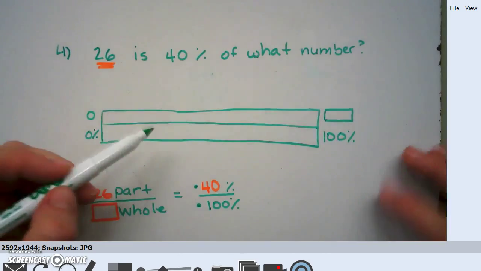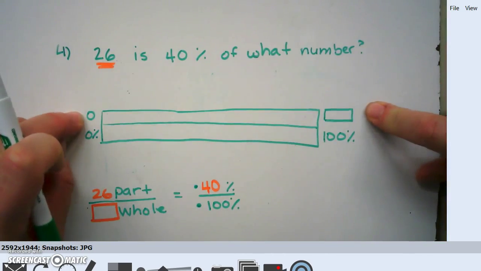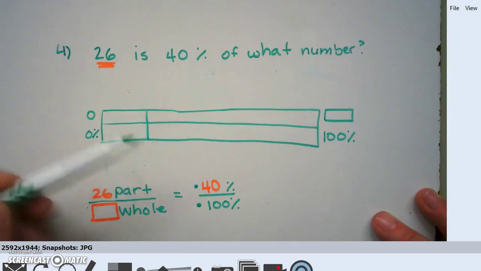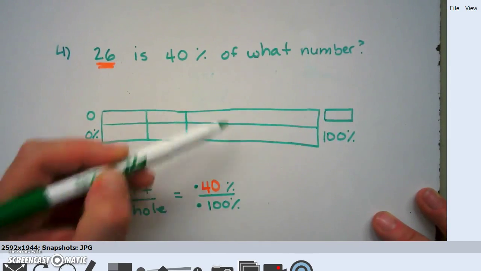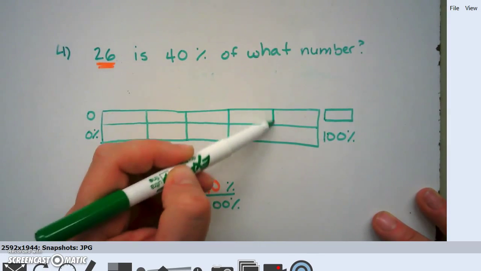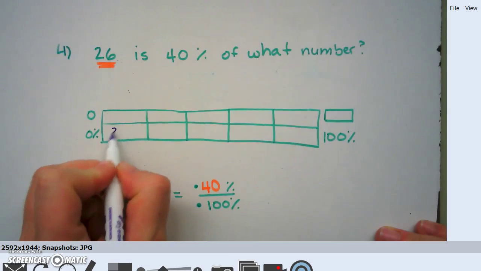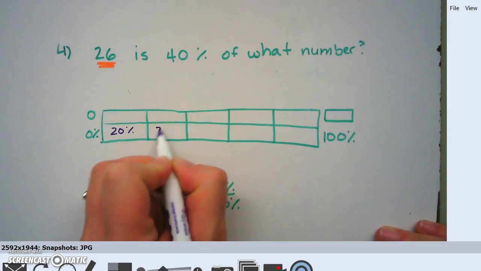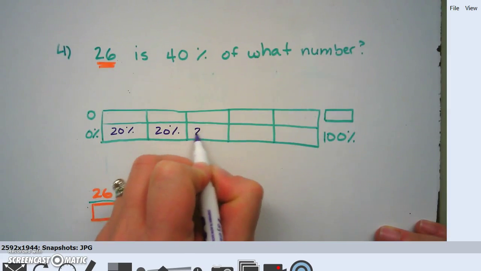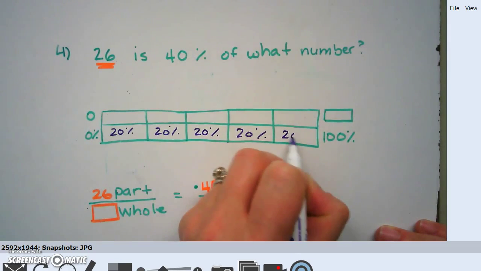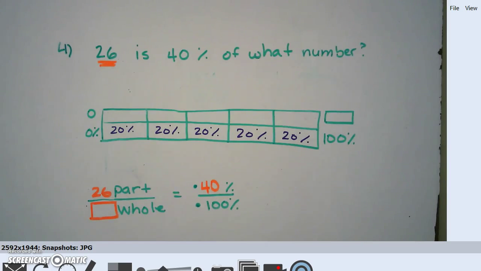And I'm going to divide this whole number bar into the same amount of pieces. So let's start. If I divide this into 5 pieces, then down here, each one of those pieces is worth 20%, because 20 plus 20 plus 20 plus 20 plus 20 equals 100.